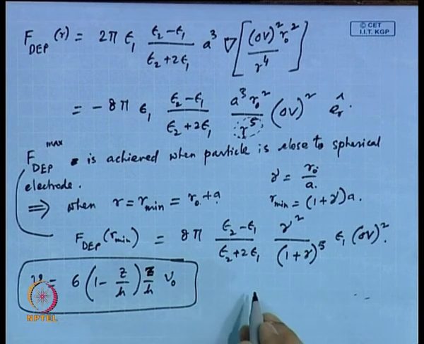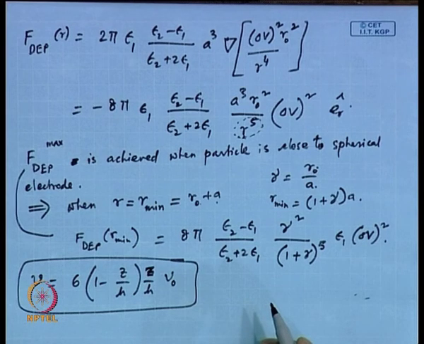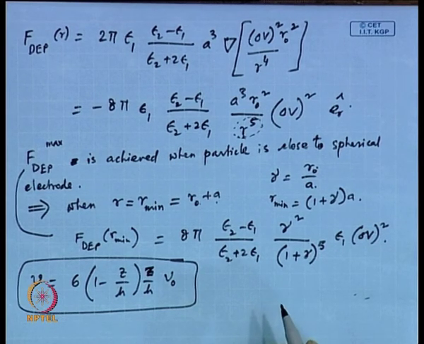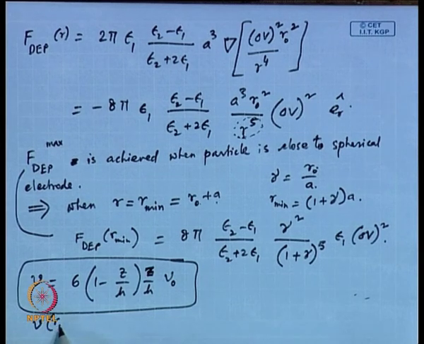Now, if you want to find out the velocity at this location, the velocity at r 0 plus a, what would that be?